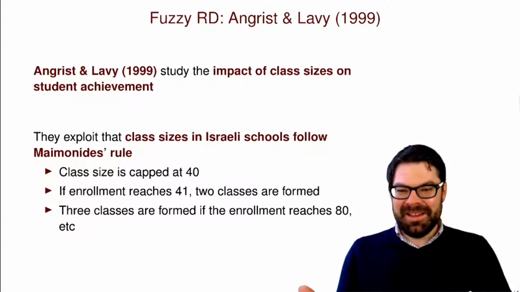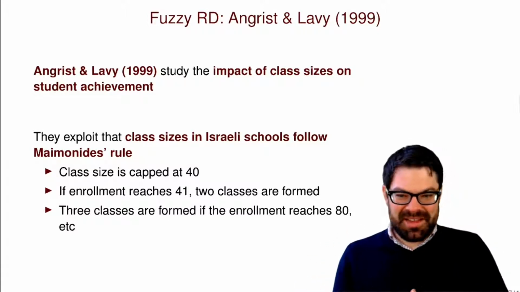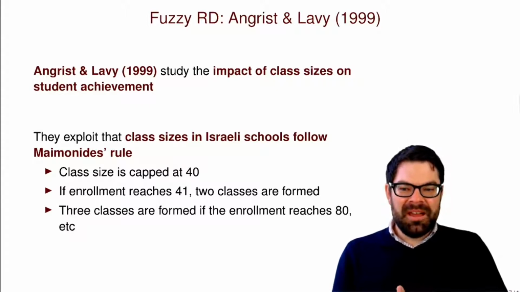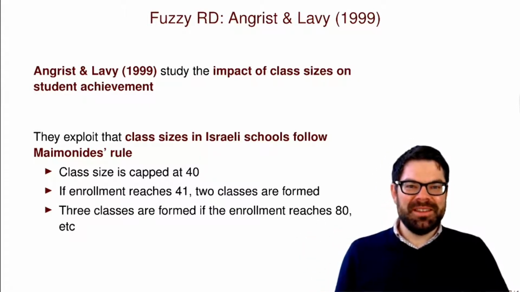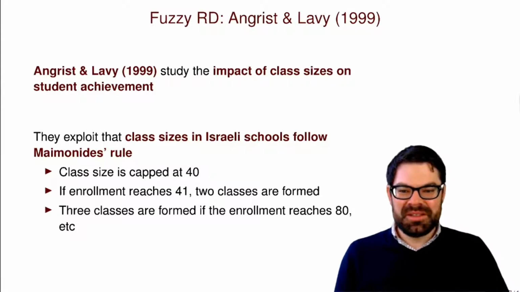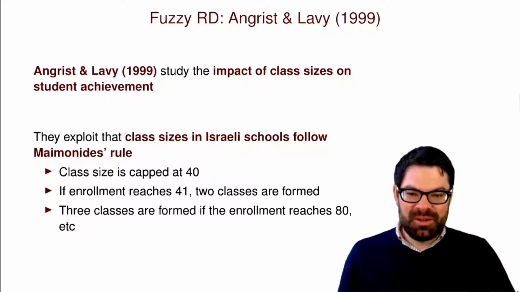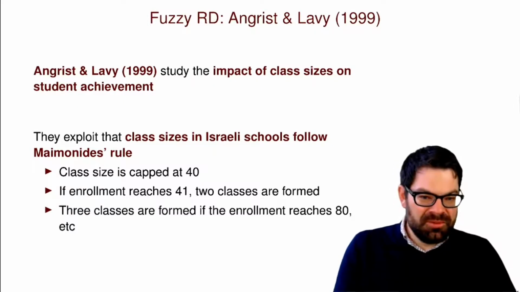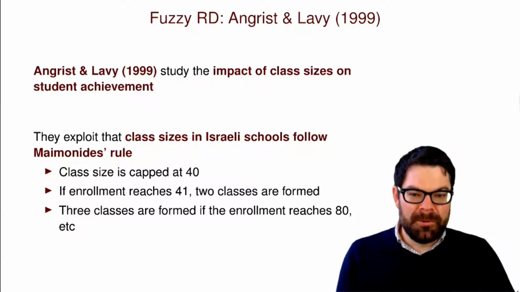He had many thoughts and writings, and one rule that he established for the education system was that class sizes in schools should not exceed 40. And a good few schools in Israel by and large follow that rule.